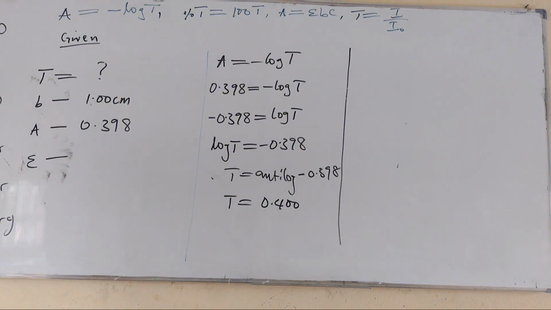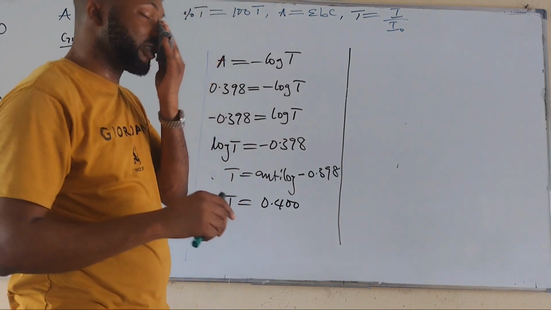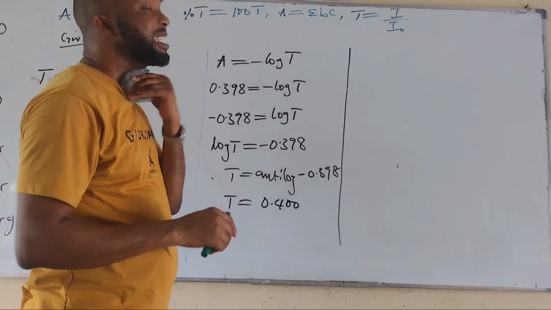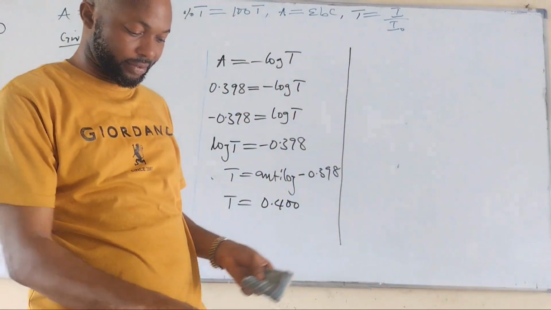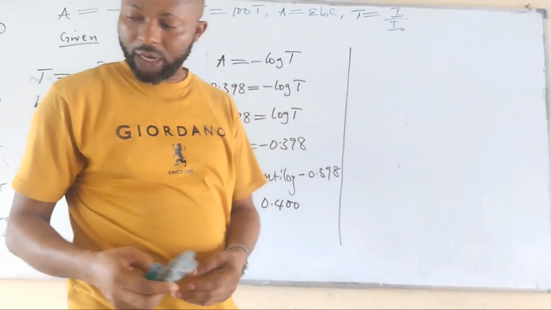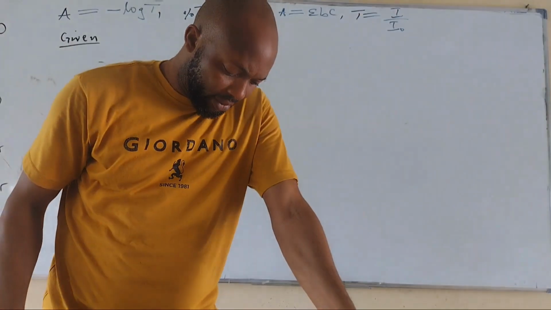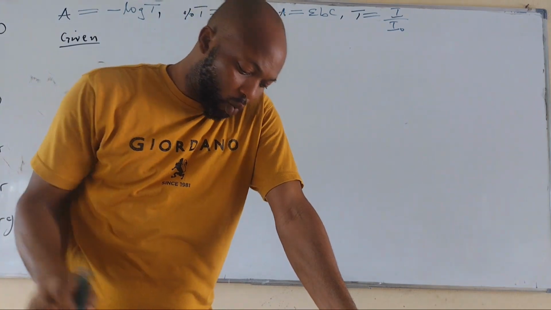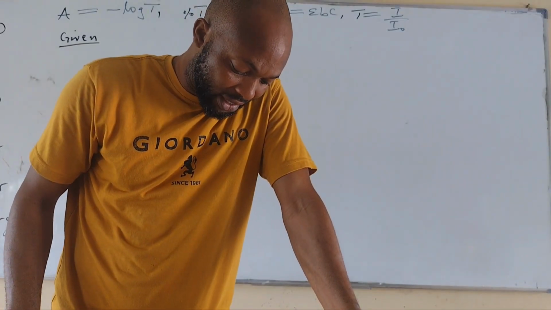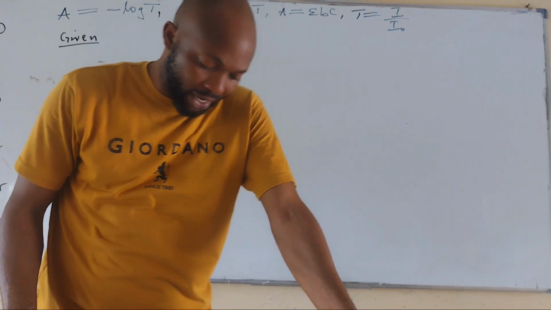So the additional information we need to calculate our molar absorptivity is C. The concentration is what we need, and it is not given. So that is the answer. Let's take another question. Our next question says, what is the molar absorptivity given that the absorbance is 0.619?